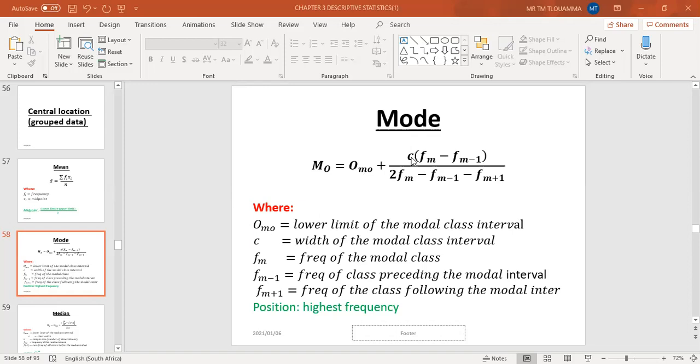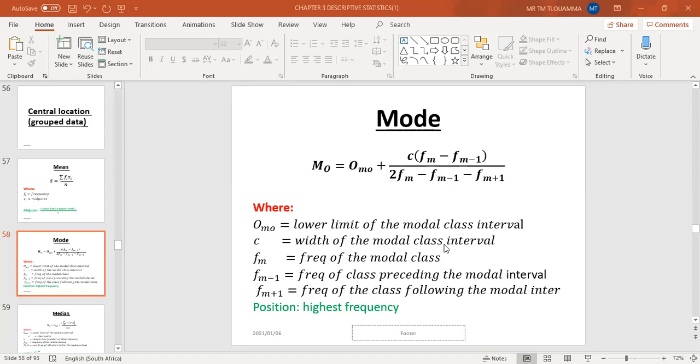Then you go to C. C is the width of the modal class interval. The width is very easy. You just have to determine the difference in your class limits. There's no way you can have class limits which don't have equal differences. Your difference will be constant.